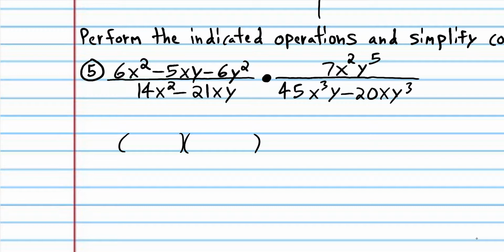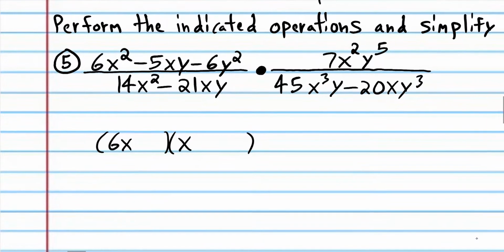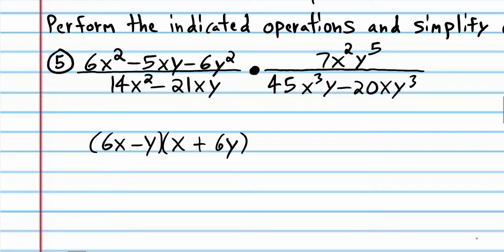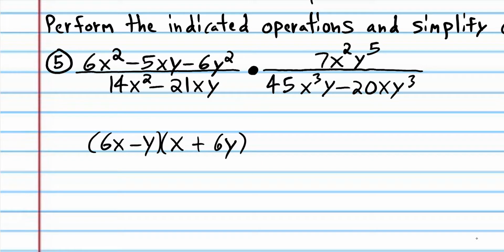And I'm going to try 6x and x. Isn't it true that 6 times 1 is 6? So I'm going to try that. And what two numbers multiply to -6? I'm just going to try -1 and positive 6. But the difference is here you have to put y's here, you see, because we have y squared and y here.